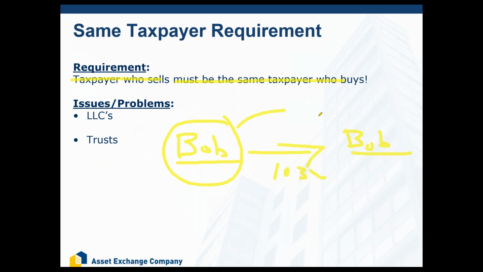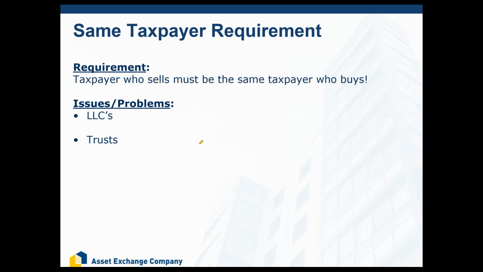He's sold. He's on title. Bob does an exchange. Bob puts the new property in his name, and usually there's no issues. Where there can be issues is when you have LLCs and trusts involved. Because, ladies and gentlemen, an LLC or a trust can become their own taxpayer. All right?